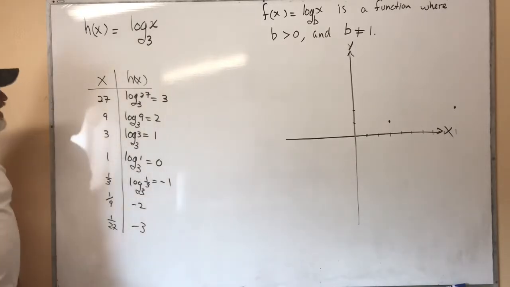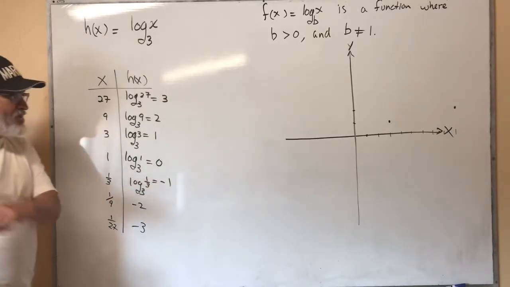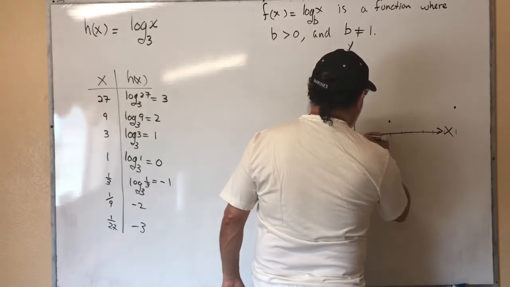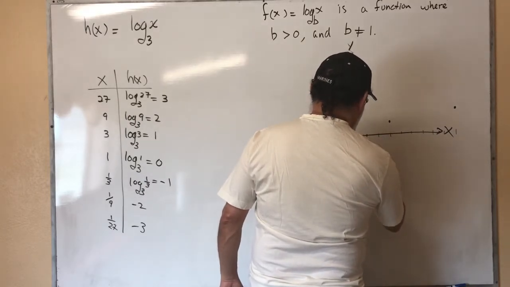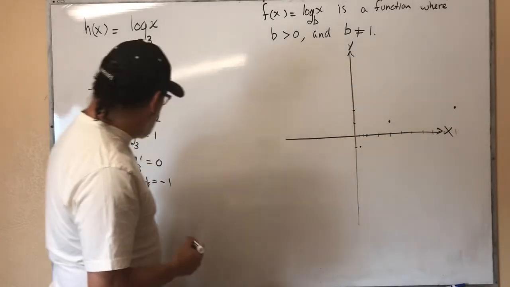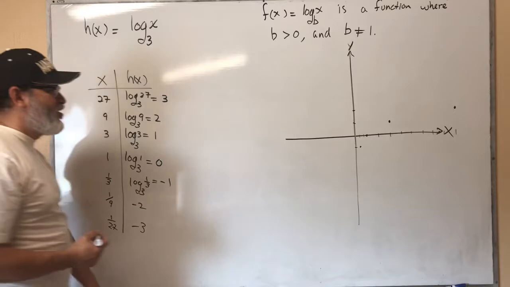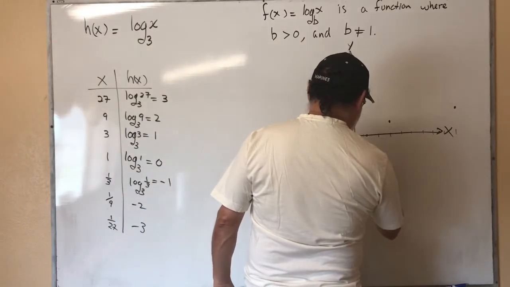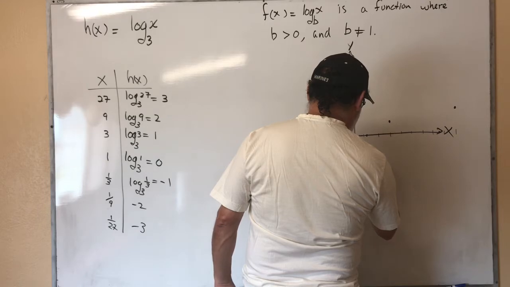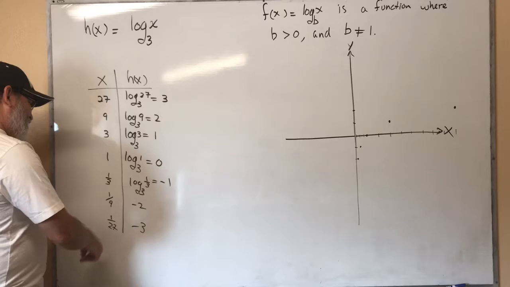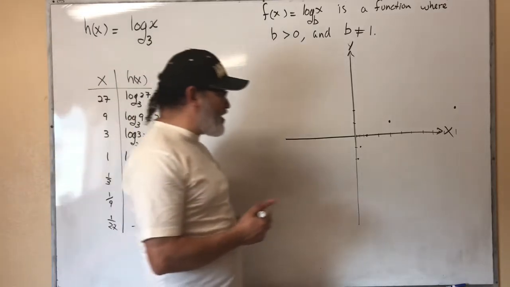X is 1/3, y is negative 1. Here is negative, here's 1/3, negative 1. Okay, X is 1/9, y is negative 2. 1/9, almost 0, negative 2. X is 1/27, y is negative 3.